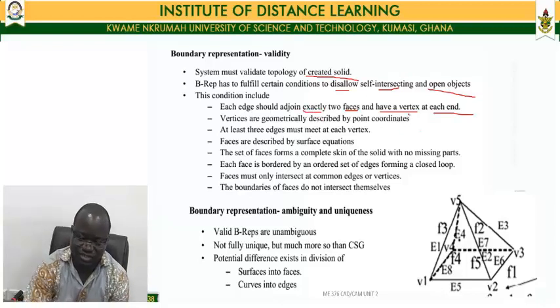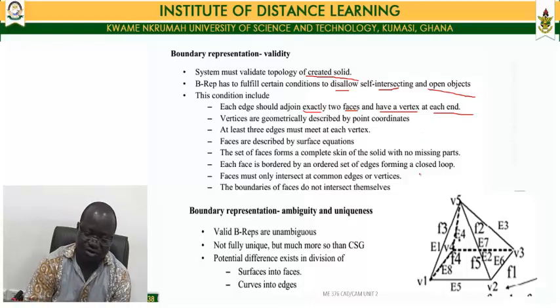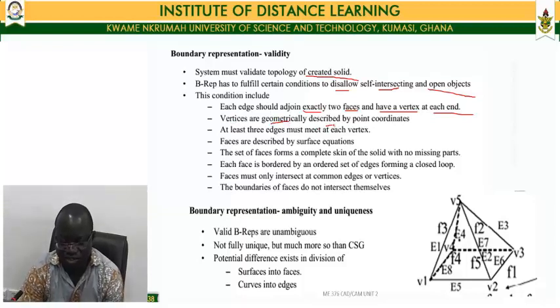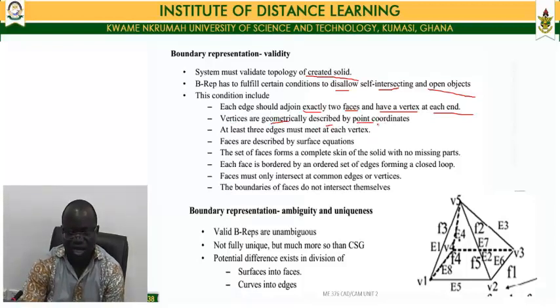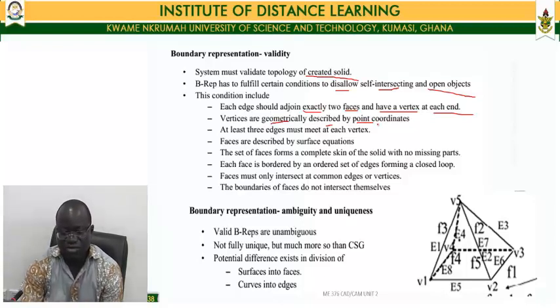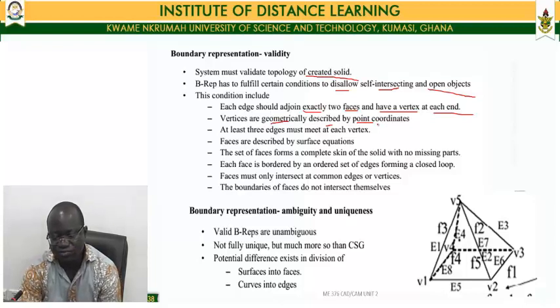So each vertex should be described by a coordinate point x, y, z in three-dimensional space. And to have a vertex, you should have at least three edges meeting to form it.